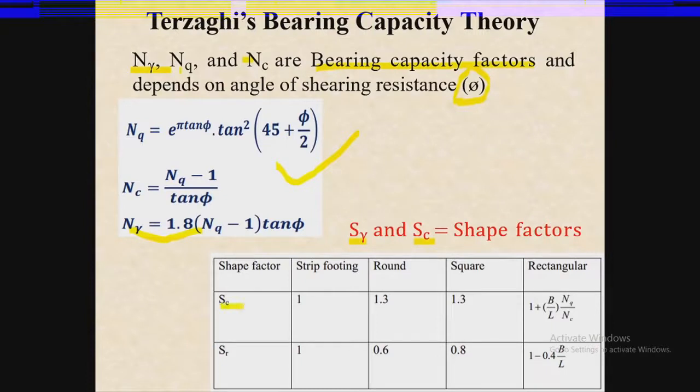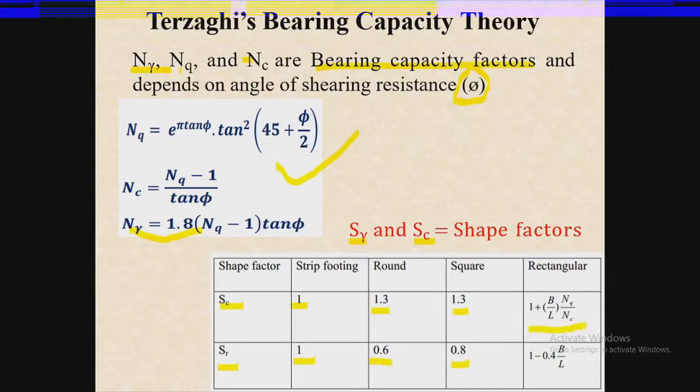Like SC is 1 for the strip footing, S gamma is 1 for the strip footing, but SC is 1.3 for the round footing and S gamma is 0.6 for the round footing. Similarly, SC for square is 1.3 and S gamma for square is 0.8.